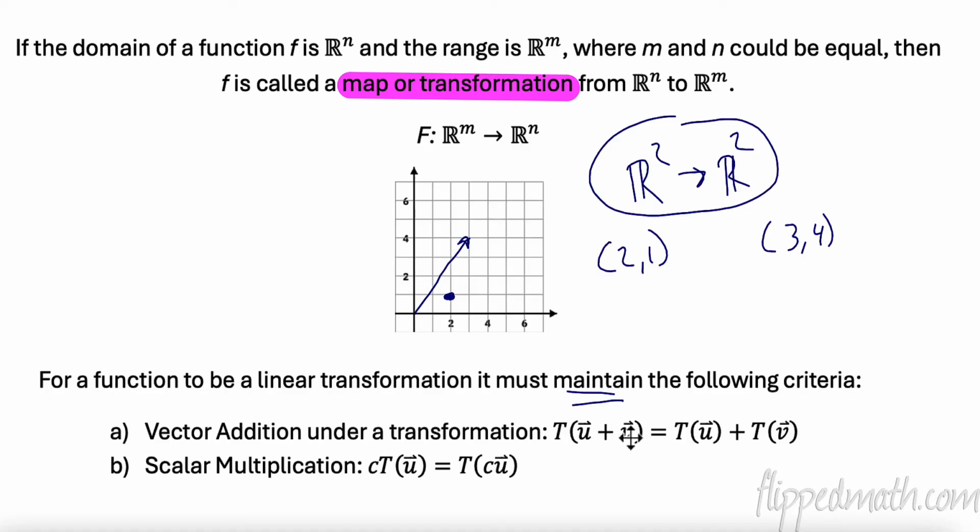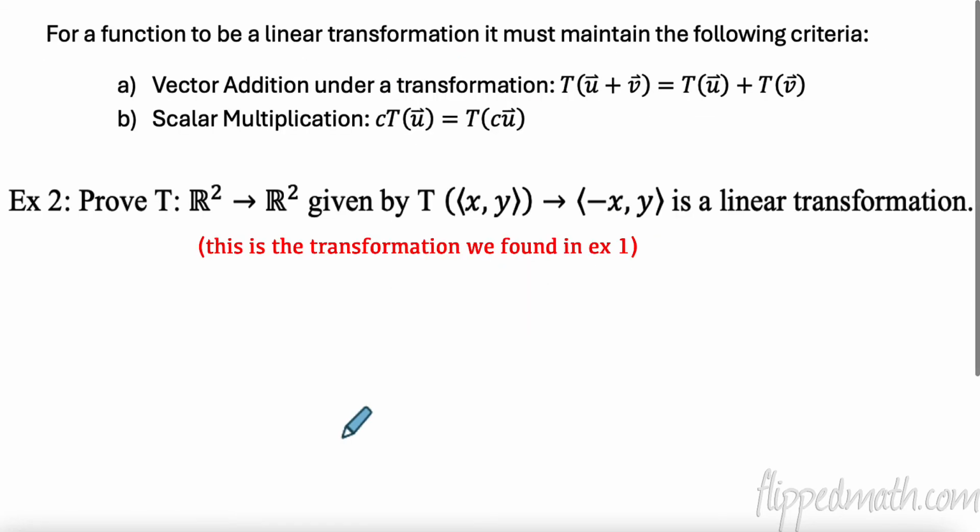That needs to be the same as whether I transform the vectors first and add them together. Likewise, scalar multiplication also has to be true. So if I scale the transformed vector, it needs to be the same as if I had scaled it and then transformed it. Kind of sounds tricky. Let's try one.